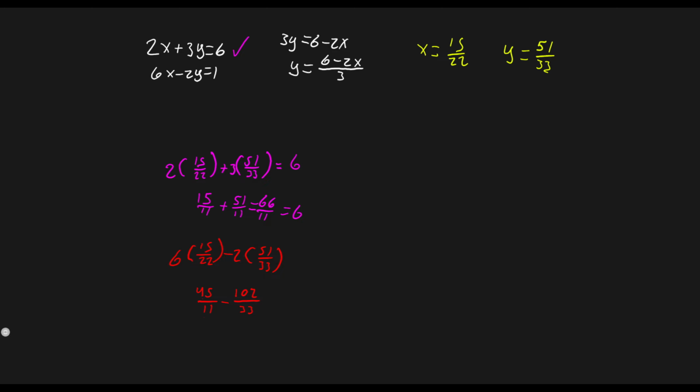We have to multiply the first fraction by 3, so we get 45 times 3, which is 135, minus 102, all over 33. And with that, we end up getting 33 divided by 33, because 135 minus 102 is 33. So this indeed gives us 1. So it does satisfy both our first and second equations.